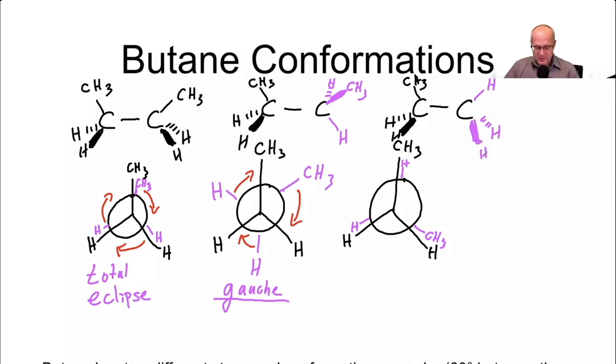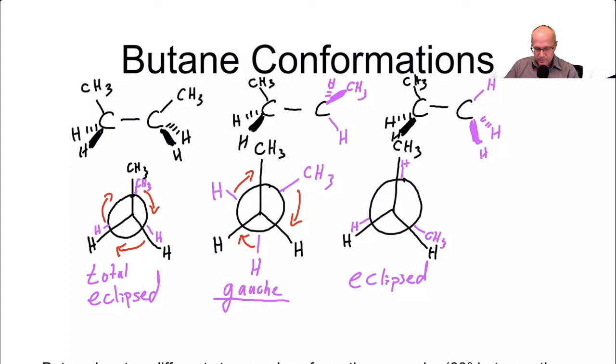There you go. So this is called eclipsed, where the big group is eclipsing with a smaller group, not the other big group. If the two large groups are on top of each other, eclipsing, that's called total eclipse or totally eclipsed. Okay?